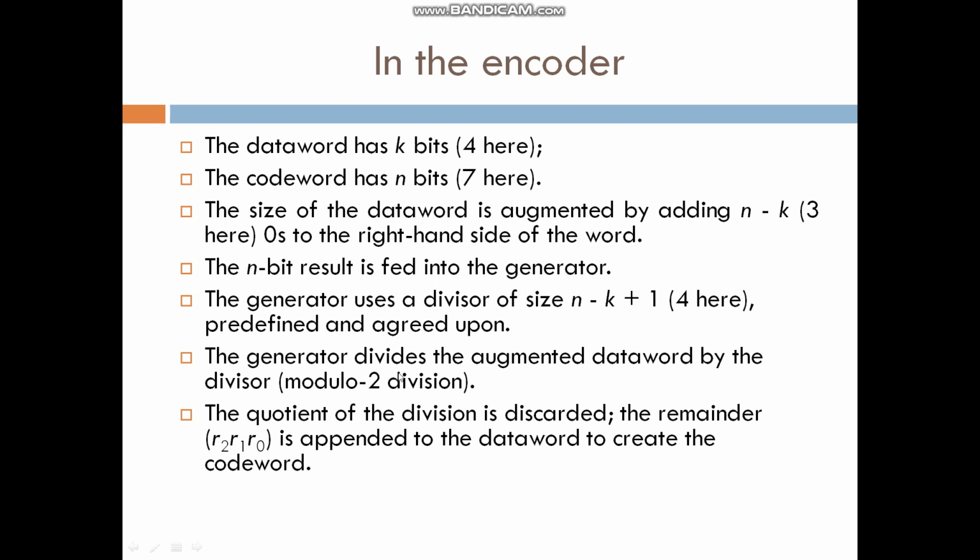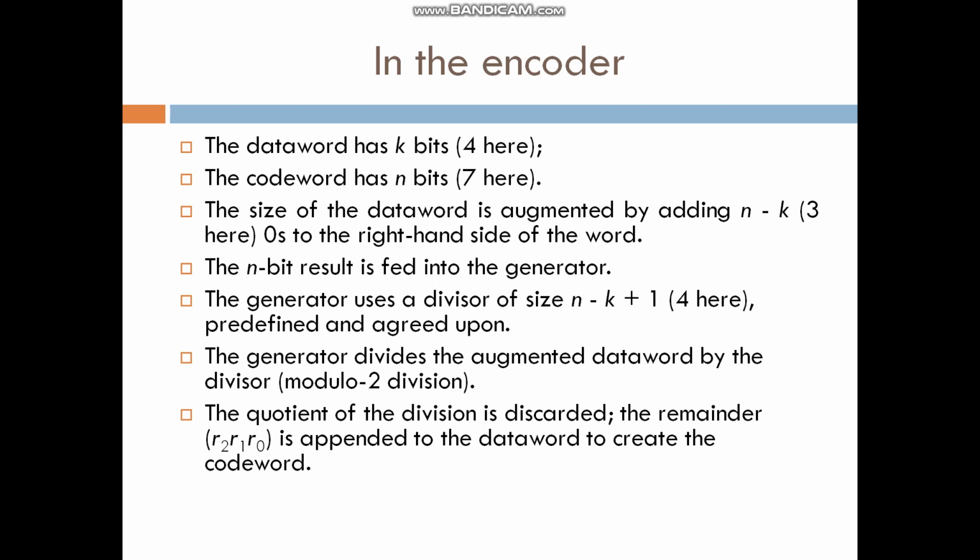The generator divides the augmented data word by the divisor. And finally, the quotient of the division is discarded. The remainder R2, R1, R0 is appended to the data word to create the code word. That is the simple approach.